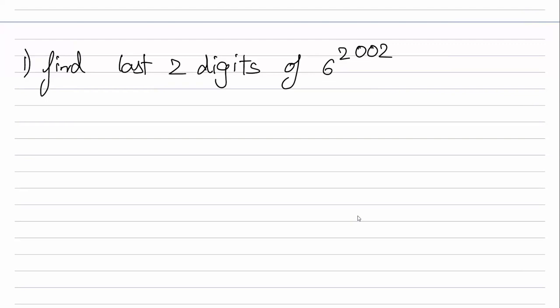After 2 minutes, I'll give the answer. The hint over here is to try to make a list of what the powers of 6 turn out to be, the last 2 digits for each power. So write 6 to the power 0, then 6 to the power 1, then 6 to the power 2, and so on.